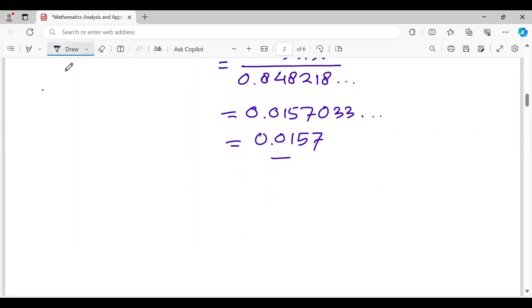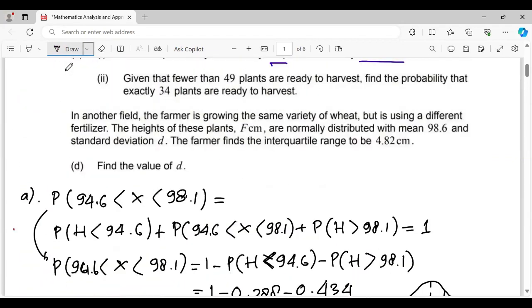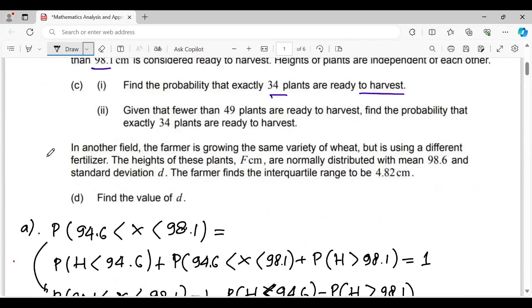Next, D. Okay. In another field, the farmer is growing the same variety of wheat, but is using a different fertilizer.